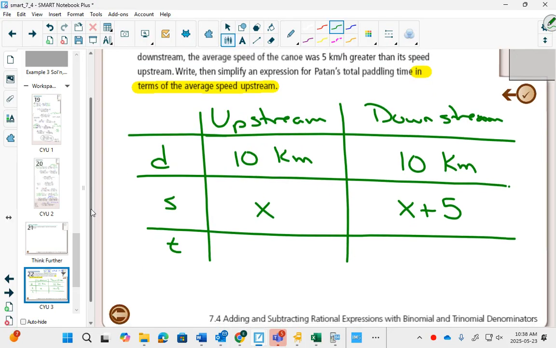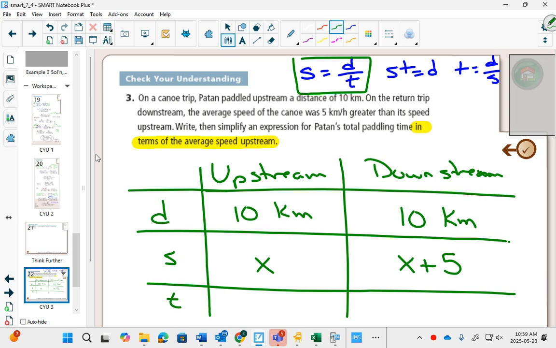Now, we don't know the time either, but we want things in terms of the average speed. So I'm going to go to this formula for time, and I know that if I'm going 10 kilometers at this speed, my time will be 10 divided by x. And the other one is going to be 10 divided by x plus 5.